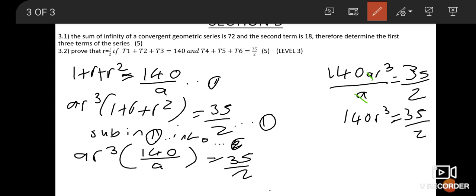Now we have to times this side by 2 to get rid of the 2 at the bottom here, so it becomes 280 r cubed equals 35.